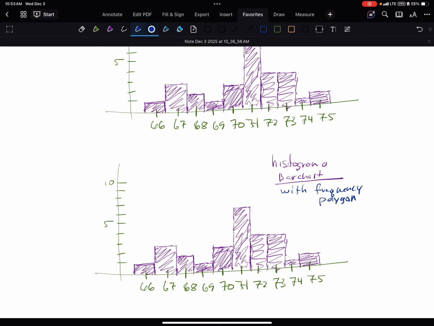And the way that I draw this frequency polygon is I put a dot in the top center of each one of these bars. And from that dot, just connect it to the ground somewhere.